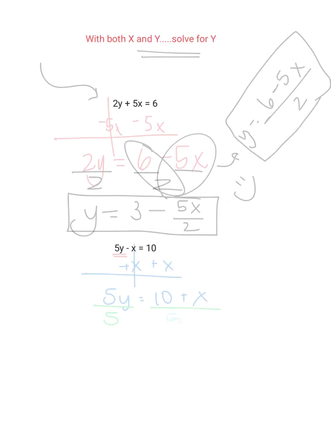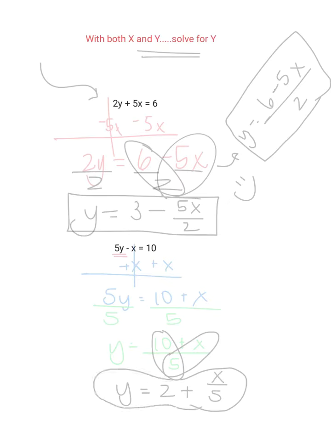Divide everything on the right by 5. So you're left with y equals 10 plus x over 5, which again, you could leave it like that. Some of you want to take it a step further and simplify: y equals 10 divided by 5 is 2, plus x divided by 5. We'll just leave it like that. And we are done.